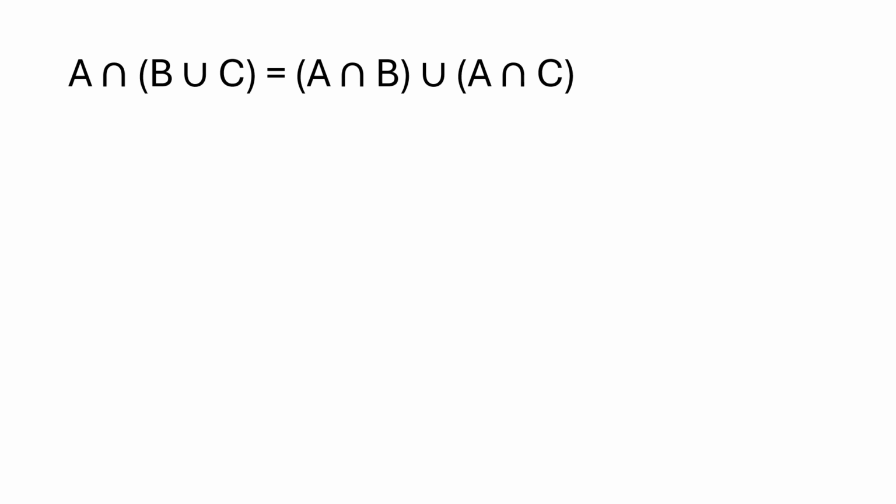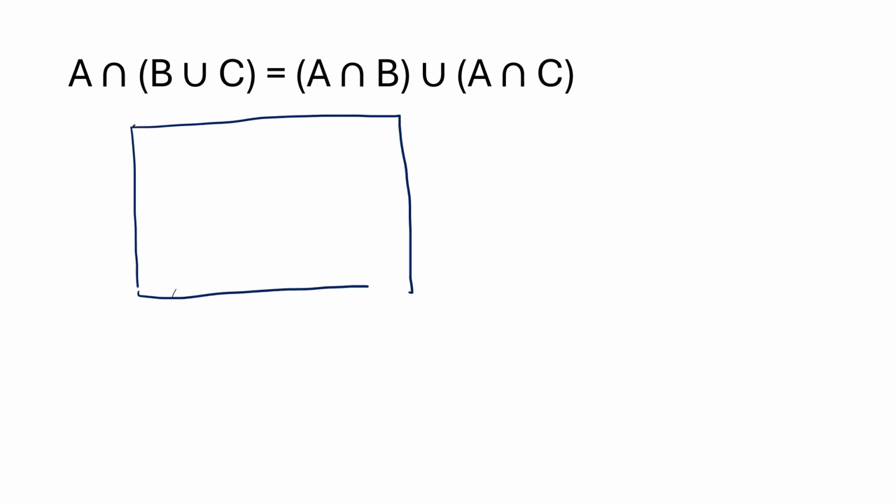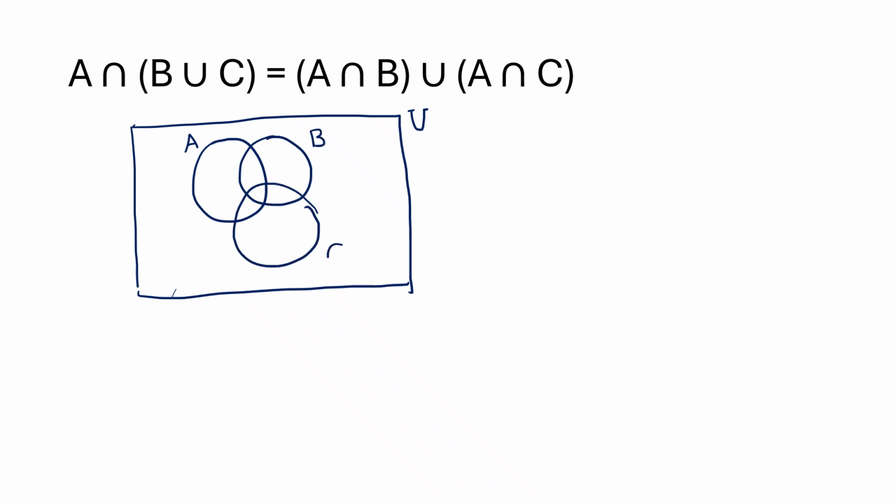Here's another example. This time we have 3 sets, so it's going to be a little bit more involved. Universal set, A, B, and C. Now, B union C. I'm going to start with this part here, and let's say I want to use red for that.